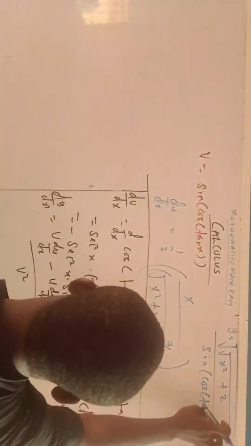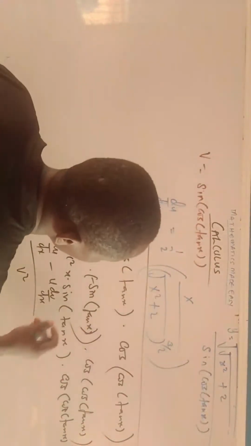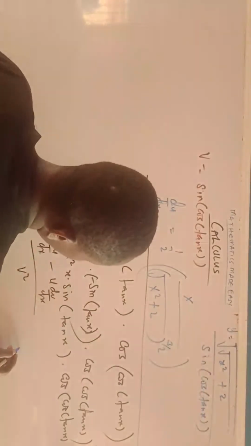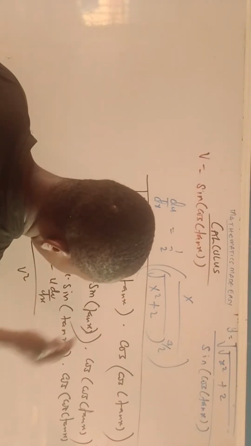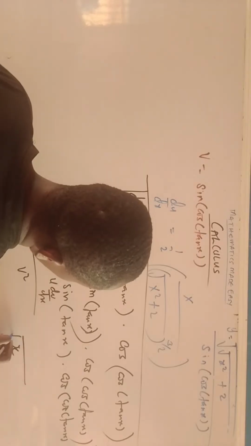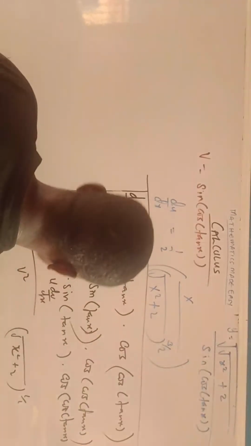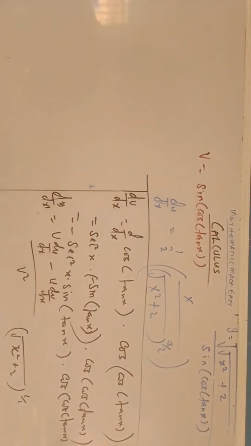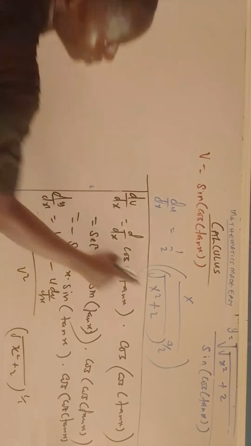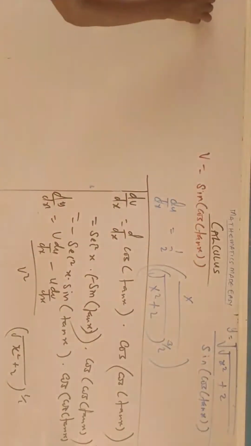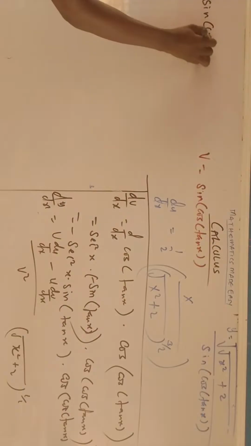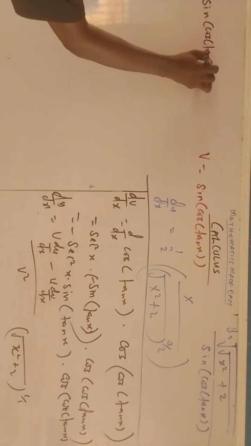We can also rewrite this. Square root of x squared plus 2 means square root of x squared plus 2 raised to the power of half. So let me write that as my u. But my v is this guy. So v is sine cos tan of x.